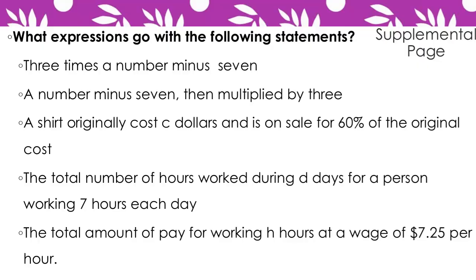Shirt costs $C and is on sale for 60% of the original cost. The next one, the total number of hours worked during D number of days for a person that works 7 hours each day.